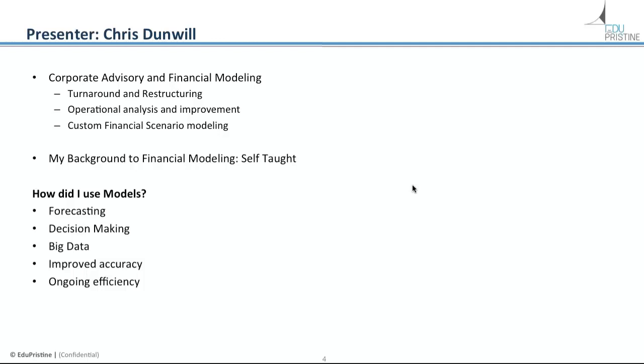I guess there's an interesting point that Chris has just touched on there, which is that idea that in some situations we are building a financial model to answer a specific question that we need to know right now, i.e. what is this company worth right now and what should we pay to acquire a business.